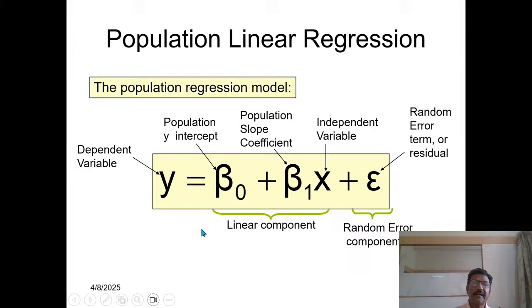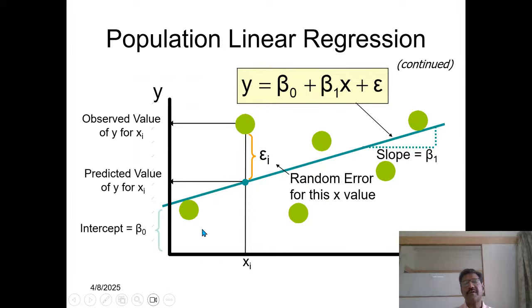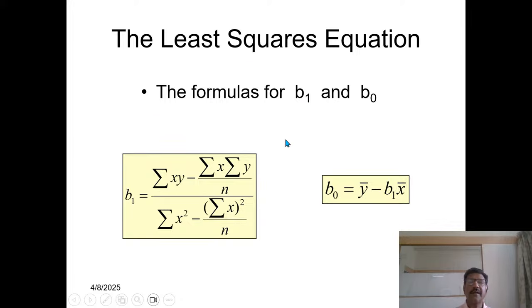This graphical representation for calculating beta 0 and beta 1 is actually a tedious task, because every time, according to scale, you have to draw the data points and then draw the line. You have to take the value of the beta 0 intercept and calculate the slope also. Instead, we can directly use the formulas.